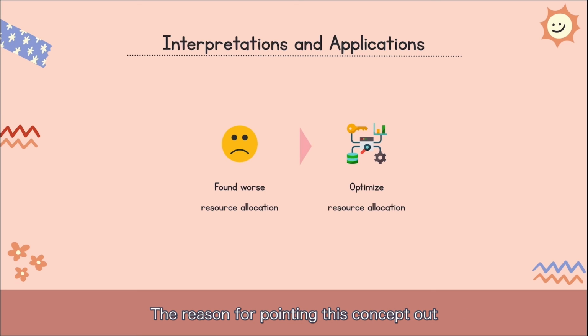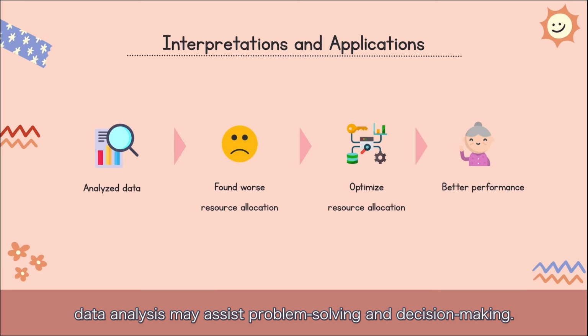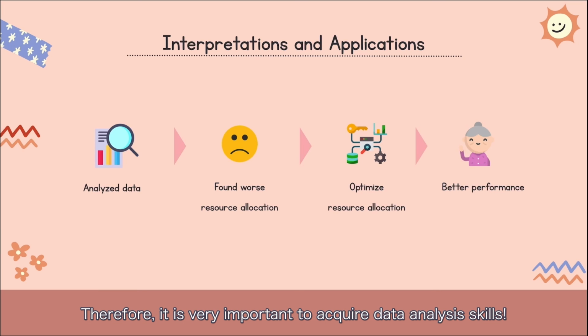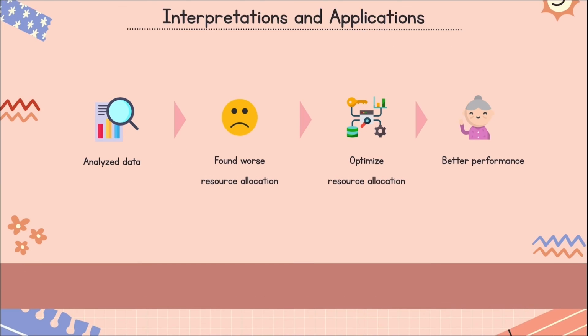The reason for pointing this concept out is to let you know that there are many more data analysis tools available. In addition, this also indicates that data analysis may assist problem solving and decision making. Therefore, it is very important to acquire data analysis skills.